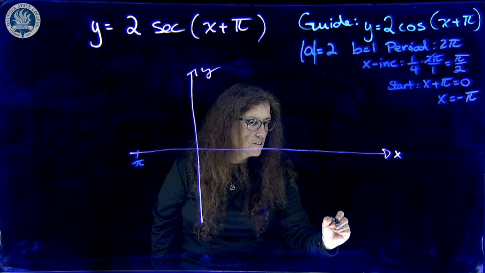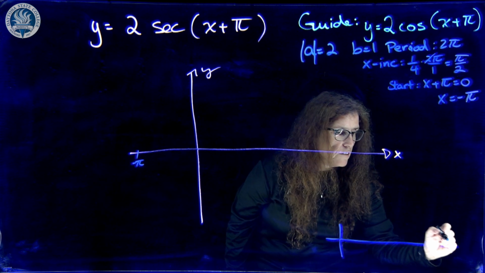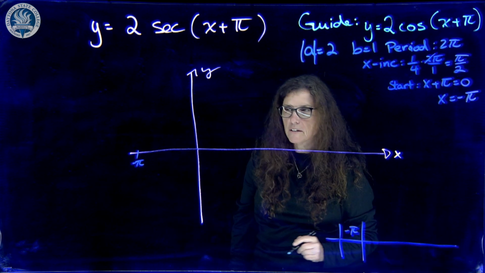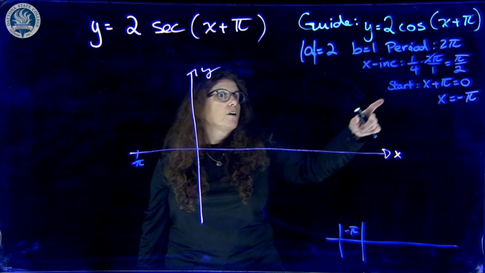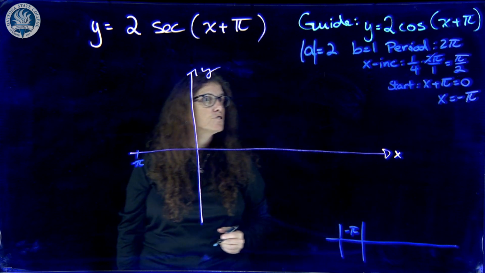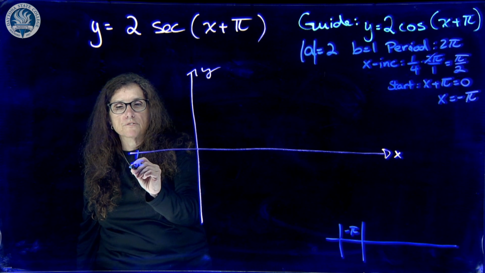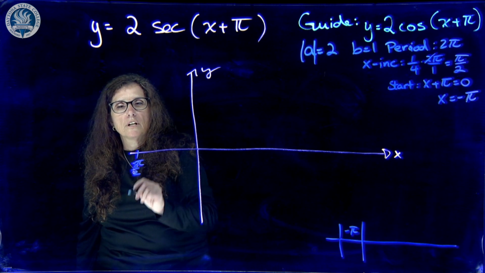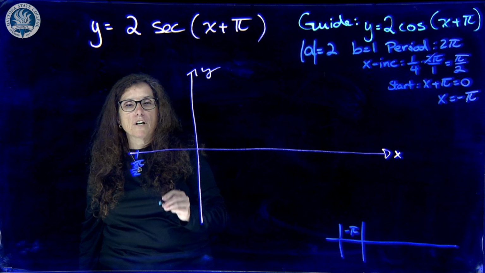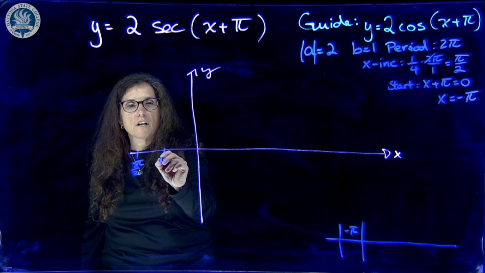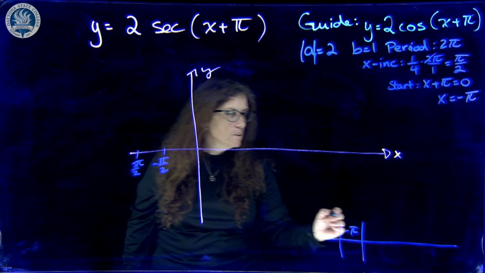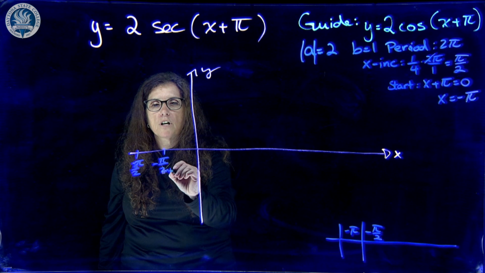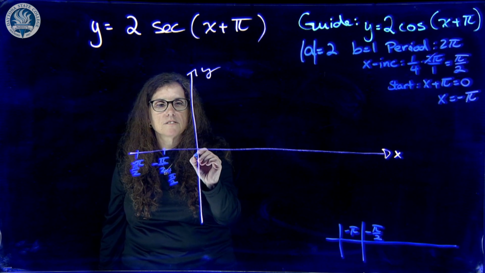Let me also make a little t-table. 5 key points, so we're starting off with negative pi. Now, we add pi over 2, the increments, to it. So negative pi is really negative 2 pi over 2. Negative 2 pi over 2 plus pi over 2 is negative pi over 2. That's our next point. And then plus pi over 2, we get 0.